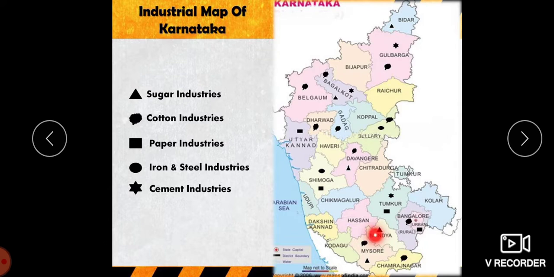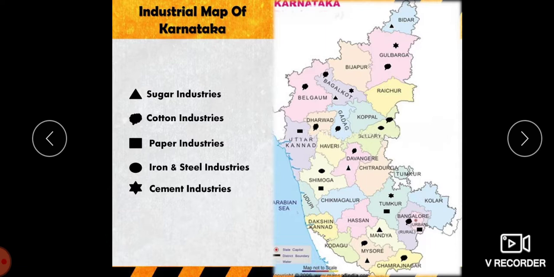When we move on to the paper industries, children, we are having it in Uttara Kannada, and we also see that we are having the paper industries in Shivamogga, Tumkuru, and Bengaluru urban. In all these places, we are having the paper industries. We are also having the iron and steel industries, which we can see in Bhadravati, isn't it?